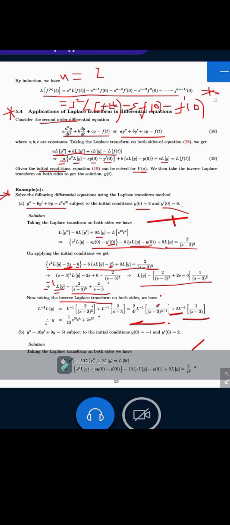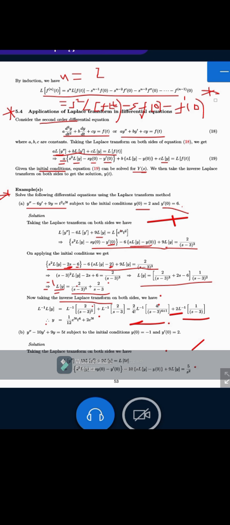So looking at that keenly, in our case here, we have 2 over s minus 3. If you remember the general case, 1 over s minus a equals exponential at. For our case, we need to factor out 2 because 2 is not required in the numerator.